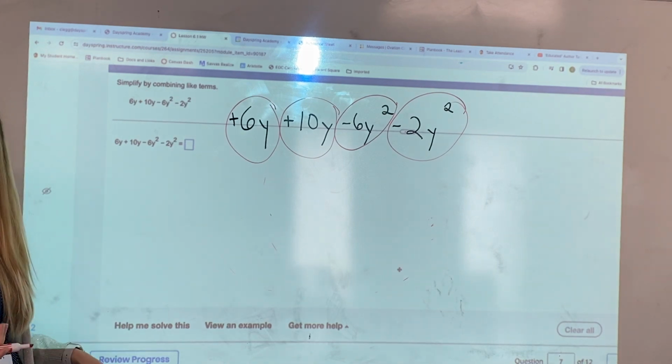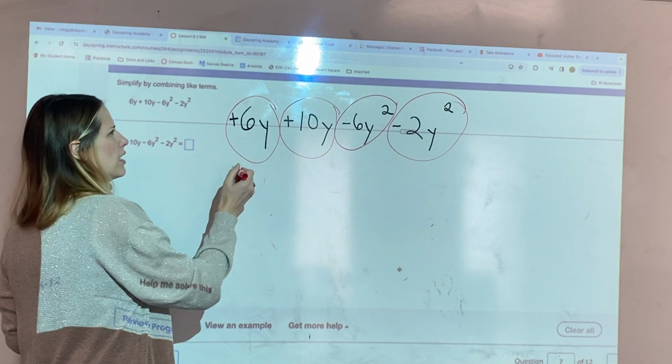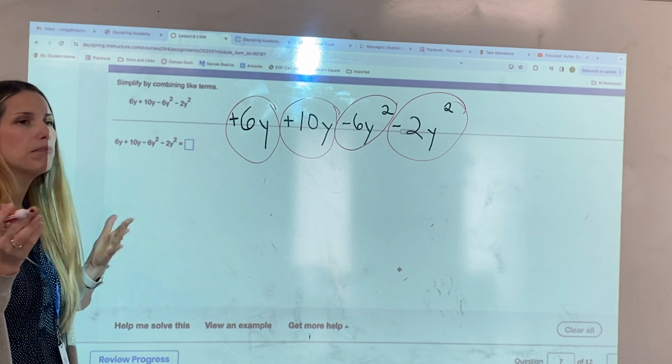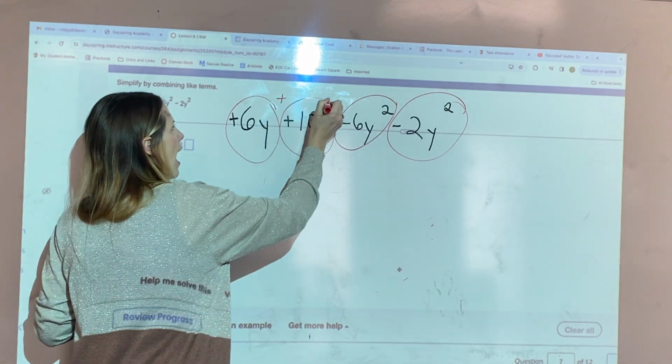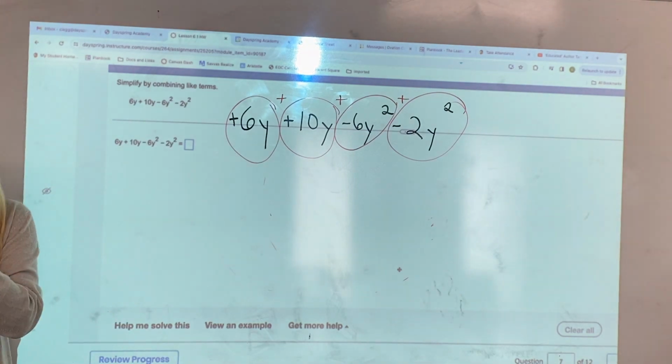If the first term has a negative sign, it's negative. So you can add a positive sign to it if you like. Now, once we've circled each term with its sign, now that we have separated them into signed terms, combining simply means adding all of them together. But you can only put together the like terms.